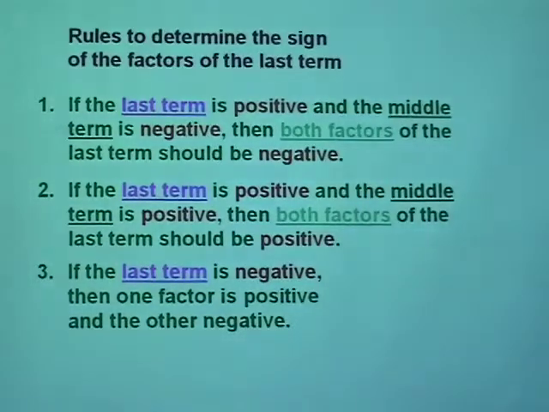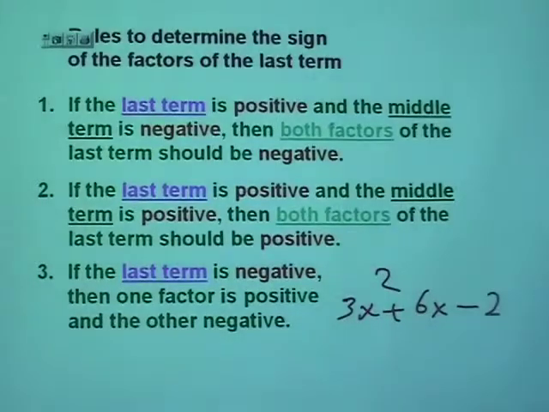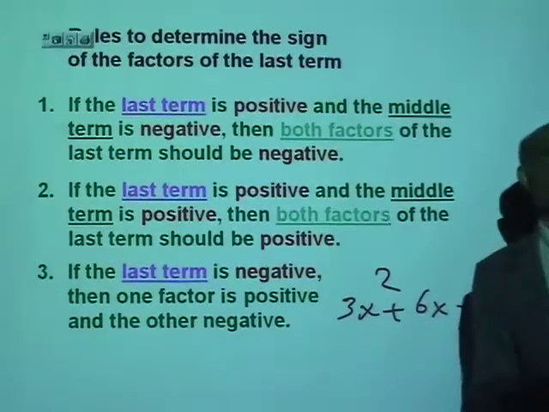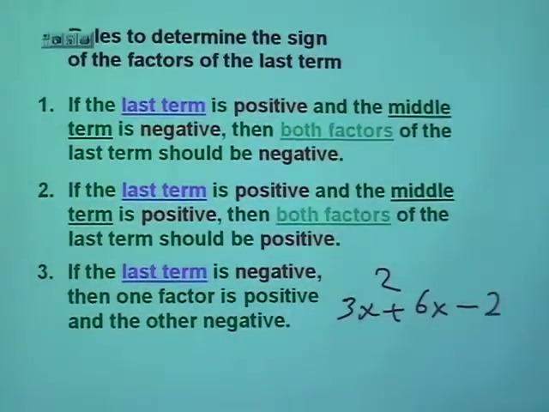Now, for example, if I have this expression, 3x squared plus 6x minus 2, I have the last term negative and the middle term is positive. Well, the last term is negative. How do you factor a negative 2? You see, a negative 2 can be factored as positive 2 multiplied by negative 1.